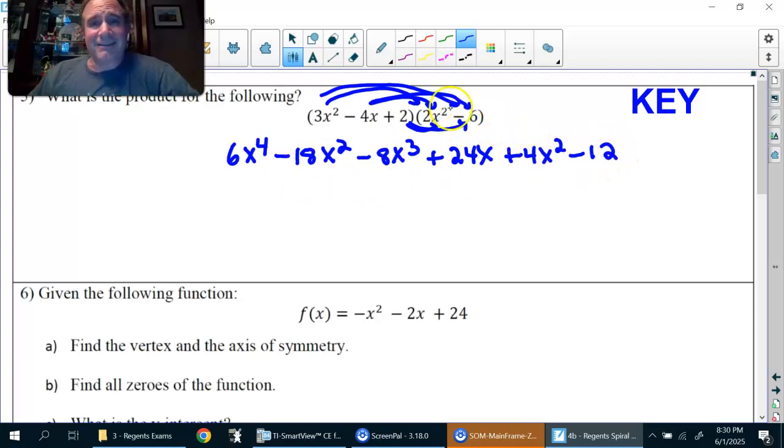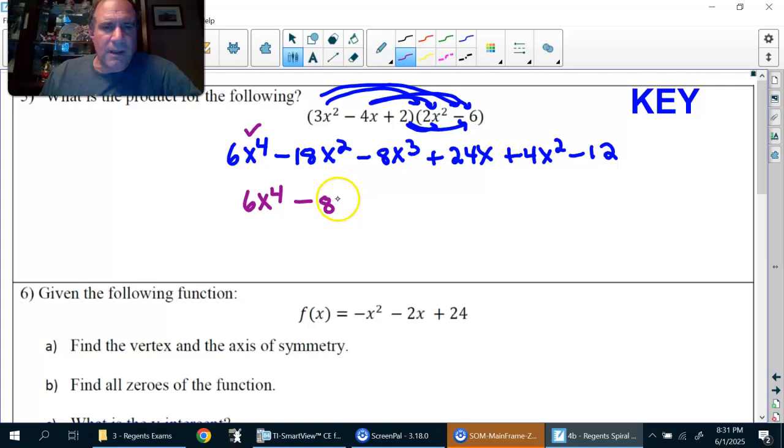Now we have a long list of terms here that we're going to combine. So I'm going to look for the 4th first, and there is only one with an exponent of 4. So we're done with that. Now I'm going to look for 3, putting this in standard form right away, and there's only one.